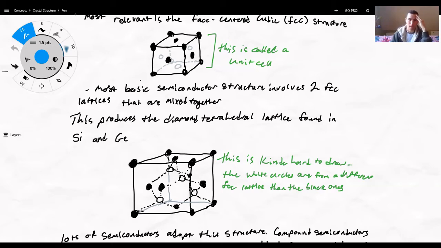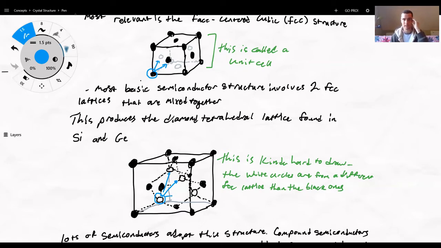So let me see if I can show you. Let's imagine that atom right there is this corner. Then if you go up here, that's going from here to there. And if you go to this atom, that's going from here to here.